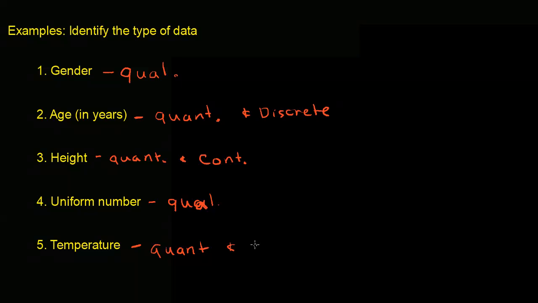Can we measure temperature to more and more precision? Yes, of course. It can be 32 degrees Fahrenheit, and then with a better instrument, we'll see it's actually 32.5 degrees Fahrenheit, then 32.4983 degrees Fahrenheit. With better and better instruments, we can measure temperature to more and more precision. So that makes this quantitative and continuous.